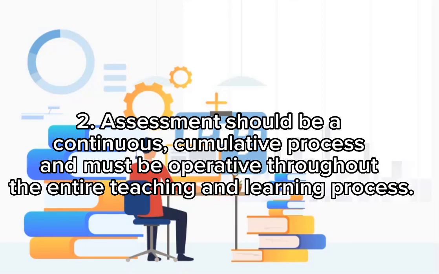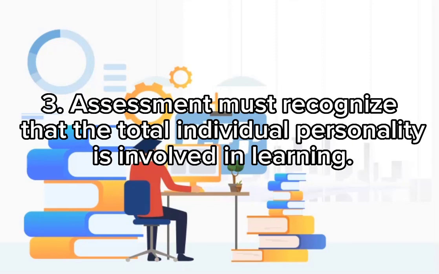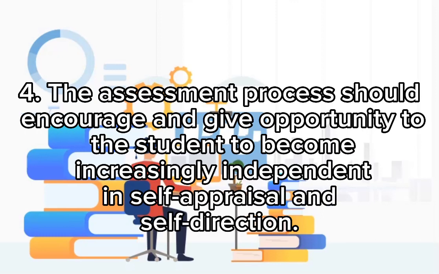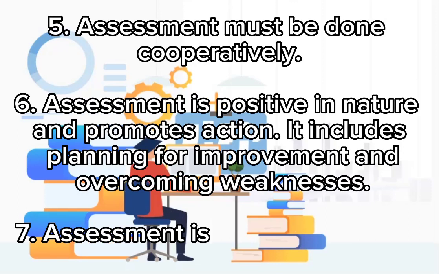Assessment should be a continuous, cumulative process and must be operative throughout the entire teaching and learning process. 3. Assessment must recognize that the total individual personality is involved in learning. 4. The assessment process should encourage and give opportunity to the student to become increasingly independent in self-appraisal and self-direction. 5. Assessment must be done cooperatively.